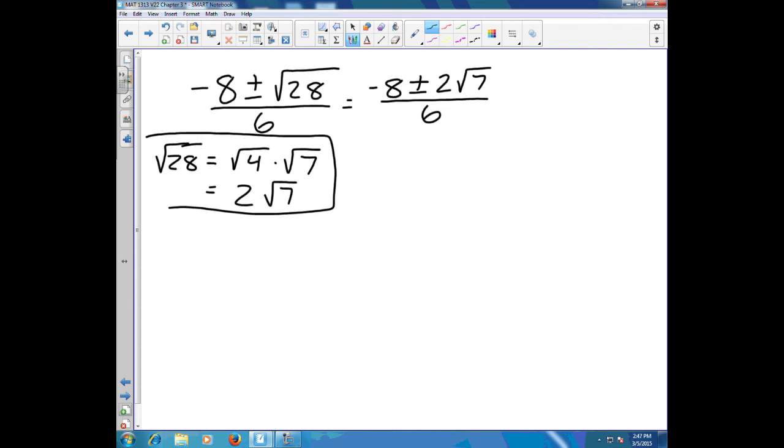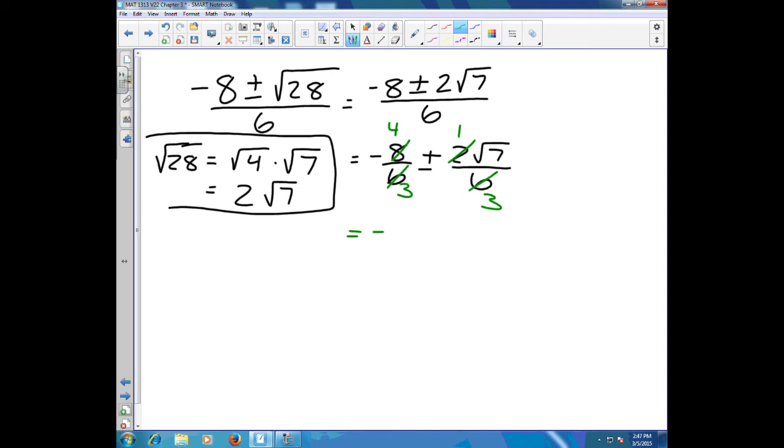Now we can write this out by just writing everything over 6. Negative 8 over 6 plus or minus 2 times the square root of 7 over 6. And now we're left just to reduce these fractions. 2 will divide into 8 and 6. So this becomes 4 and 3. 2 will also divide into 2 and 6. And that's going to give us 1 and 3.